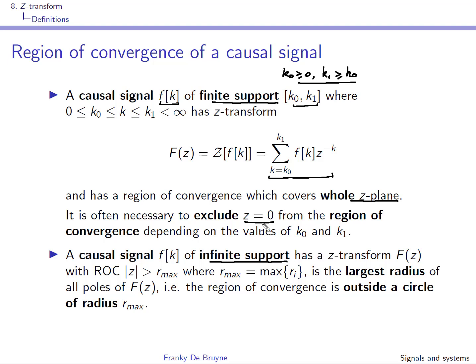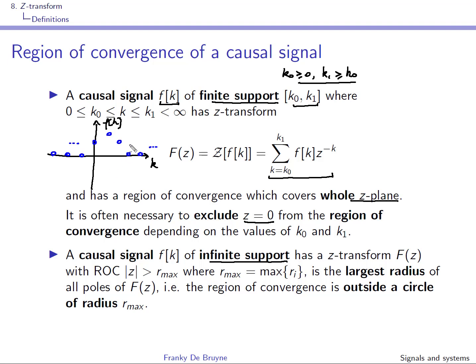So the easiest thing is to take an example. So this is k here, and this is f of k, and here is my signal, so it's causal. Take a signal that looks like this, and then 0 for subsequent k.